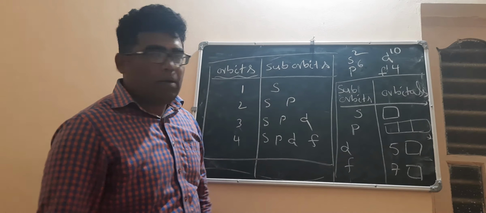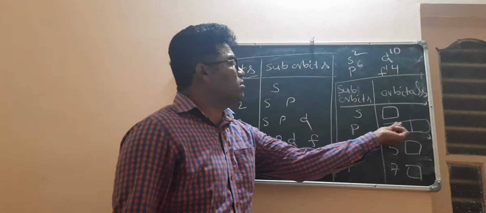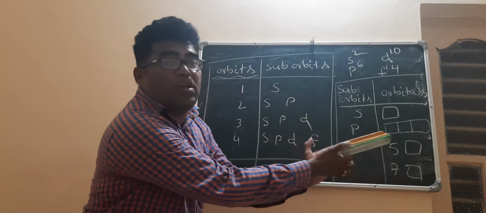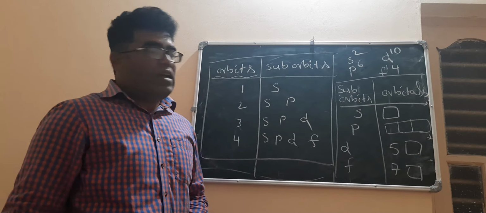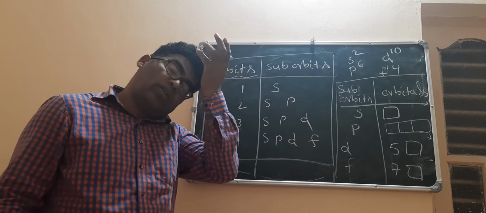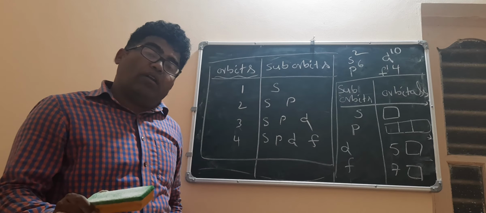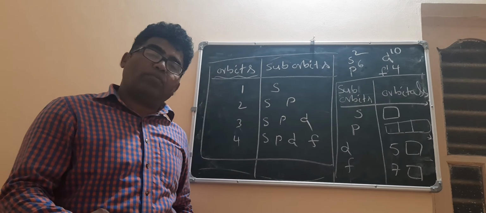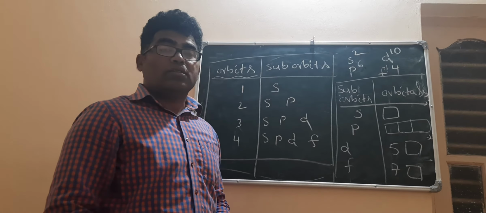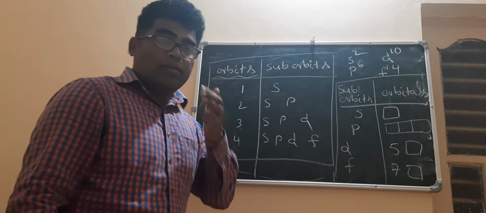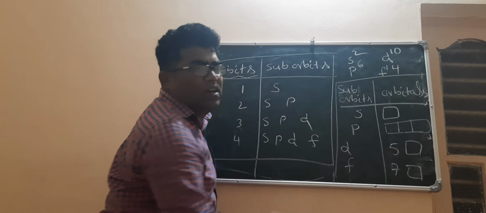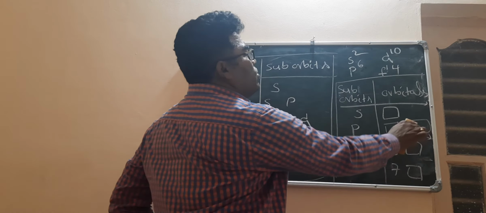A p orbital means one box. A p suborbit means a combination of 3 boxes. Any orbital, whether s, p, d or f, means one box. So a p suborbit holds 6 electrons and a p orbital holds 2 electrons.